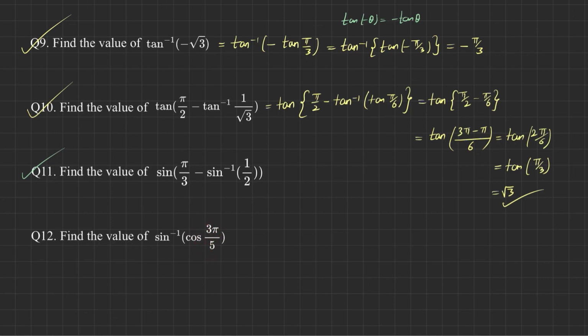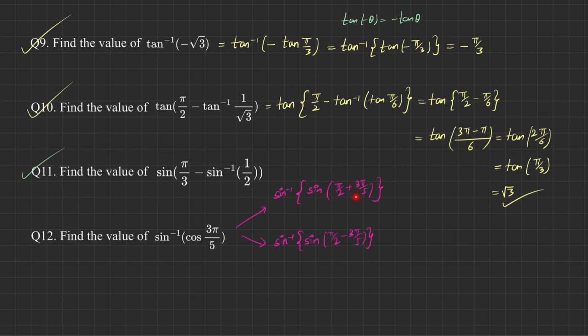We can do it in two ways. Either cos theta can be written as sine of 90 plus theta, or cos theta can also be written as sine of 90 minus theta, because both give the same value.